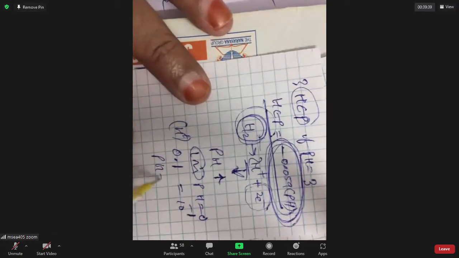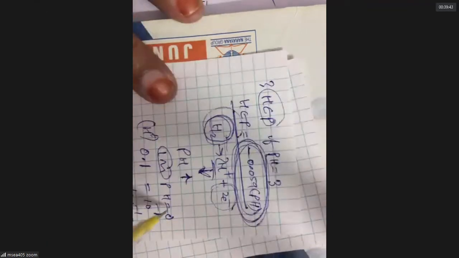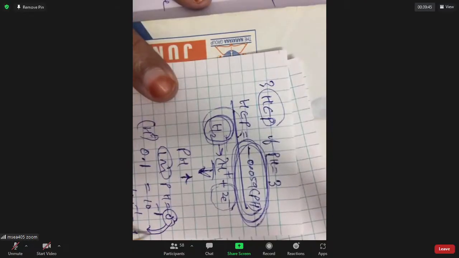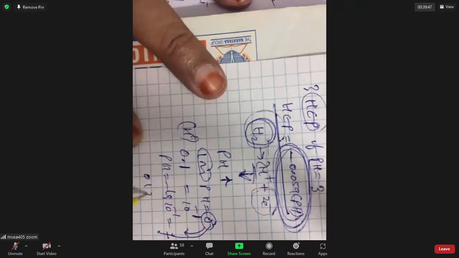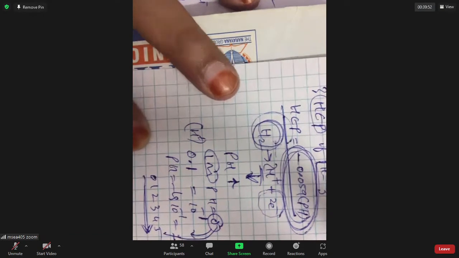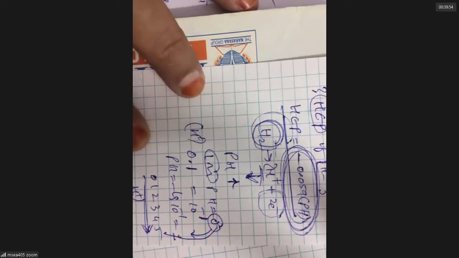Then the pH is equal to minus log of 10 to the power minus 1. That is 1. The original pH 0 became 1. If I am increasing the pH to 1, 2, 3, 4, 5, the pH is increasing. Is the H plus ion concentration in the solution increasing or decreasing? Decreasing.